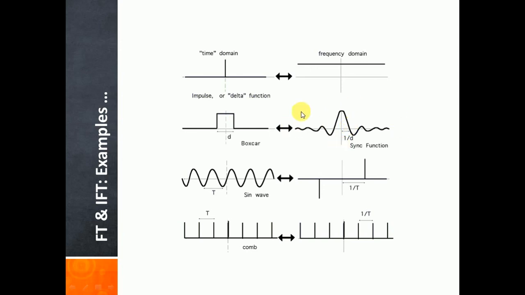This here is the sinc function. Now notice here, this is interesting: what you have is a sine wave translated into two signals, one with a positive frequency and one with a negative frequency component.